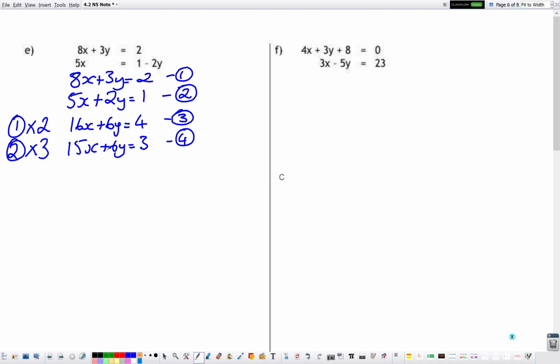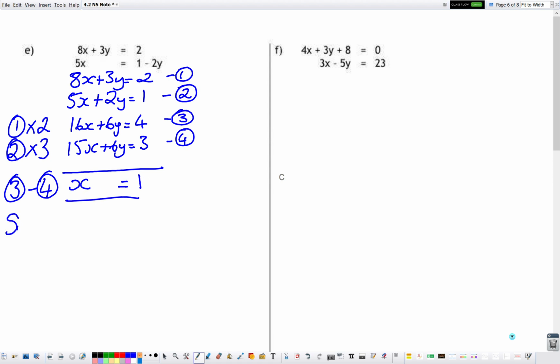They are the same sign, and if they're the same sign we have to subtract. So bigger one take away the smaller one, so it's going to be 3 take away 4, and that's going to eliminate our y's. So that leaves me with 16x take away 15x is just 1x, 4 take away 3 is 1, so there's no more working to do there.